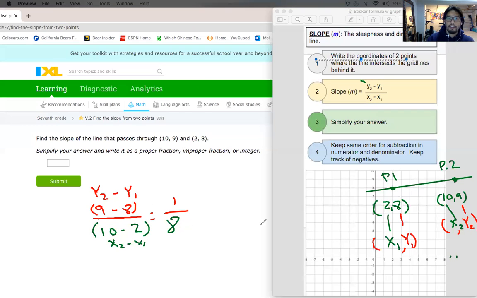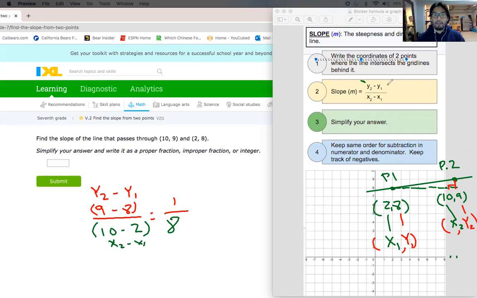That's my slope. And again, if I want to look over here at whatever triangle would have been created between these 2 points, I go 1, 2, 3, 4, 5, 6, 7, 8 across horizontally, 1 down vertically. That would be my right triangle. You can see it kind of all matches up. That is how you measure the slope.